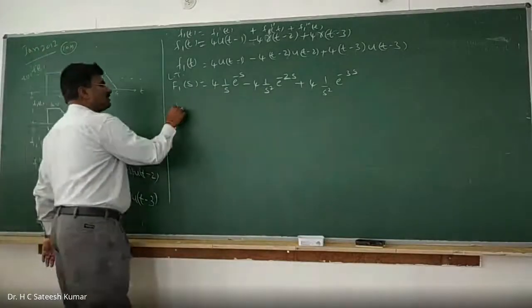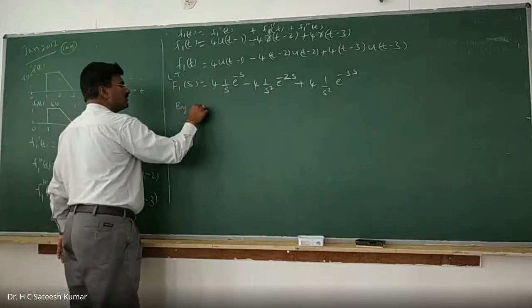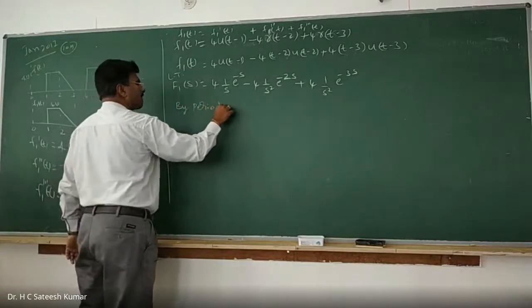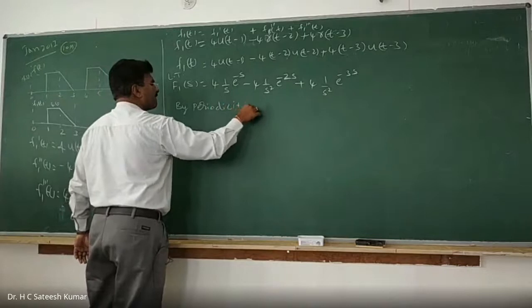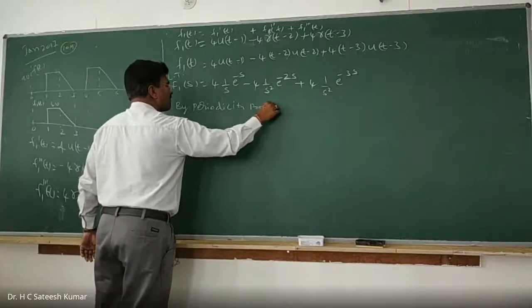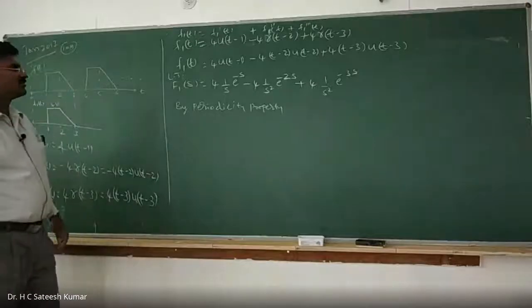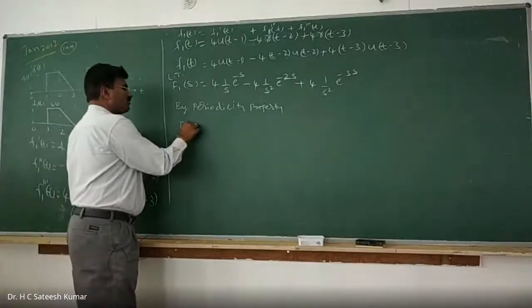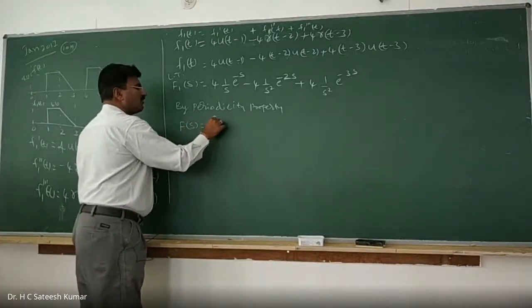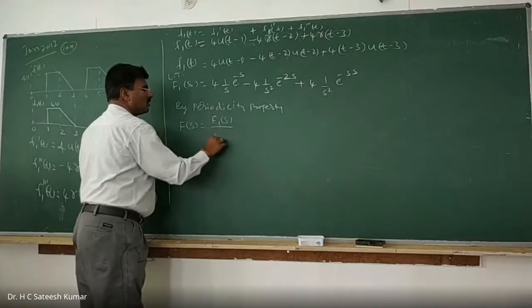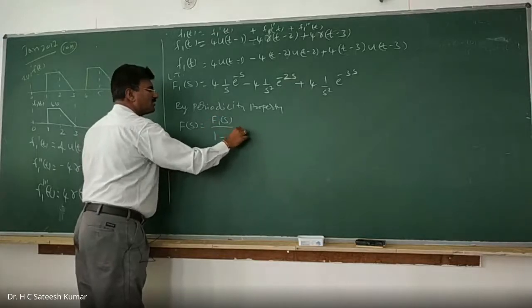By the periodicity property, f of s is equal to f1 of s divided by 1 minus e to the power of minus Ts.